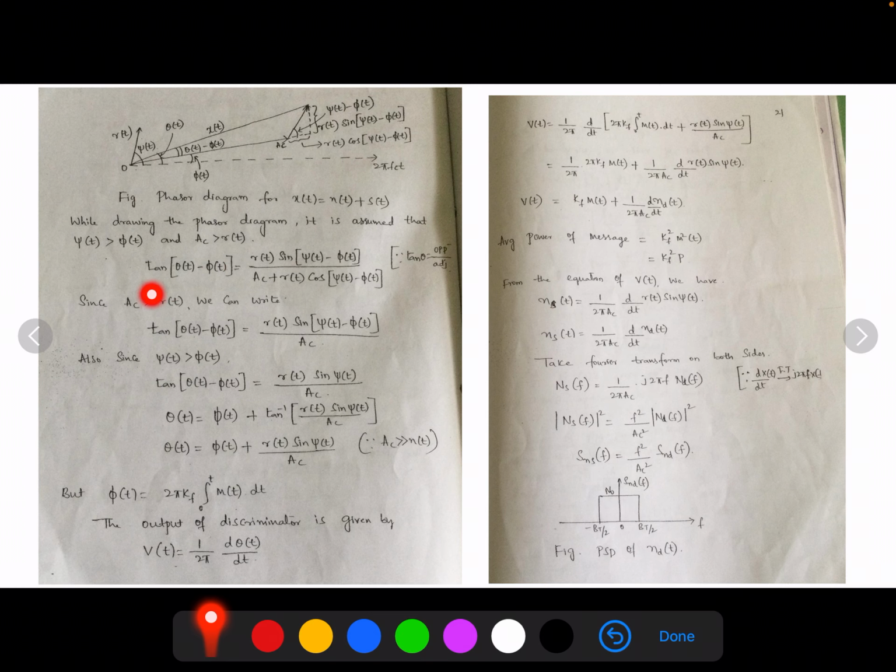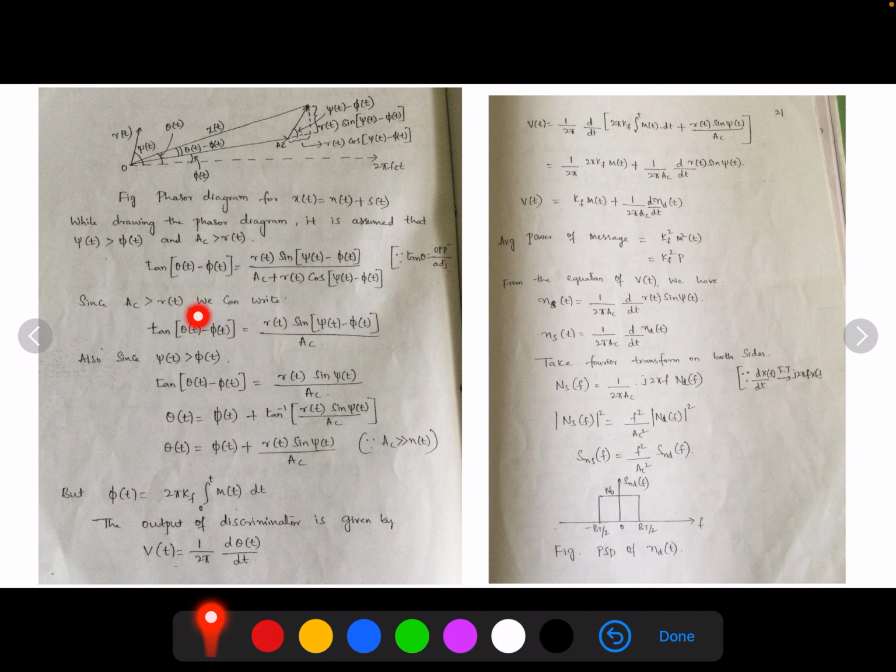So tan of the angle theta of t minus phi of t is given by the opposite side, R of t into sin of psi of t minus phi of t, divided by the adjacent side. The adjacent side is AC plus this length, which is R of t into cos of psi of t minus phi of t.